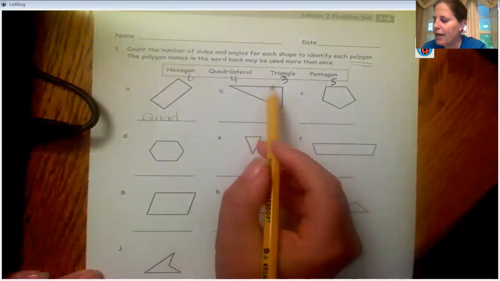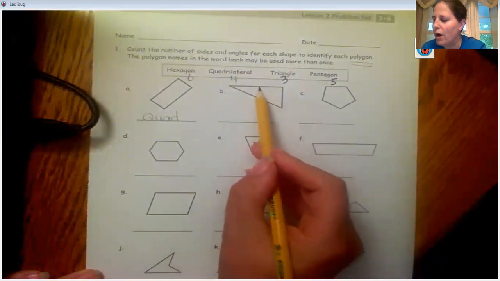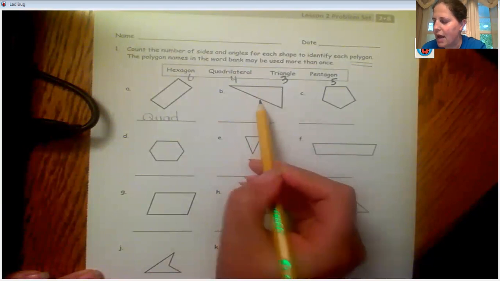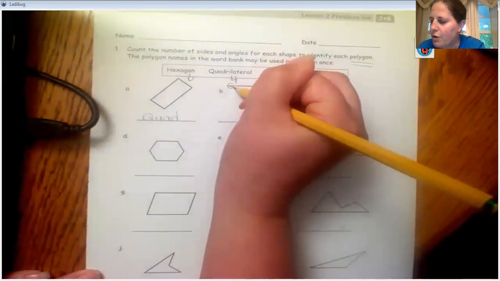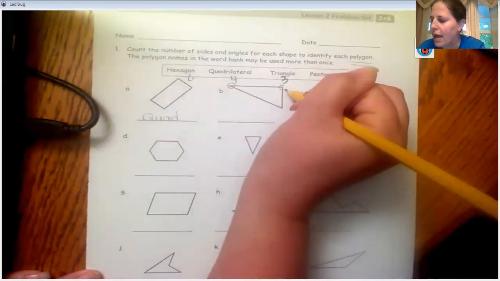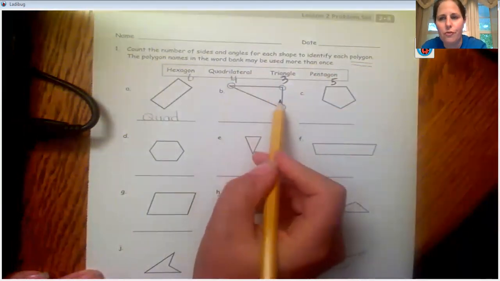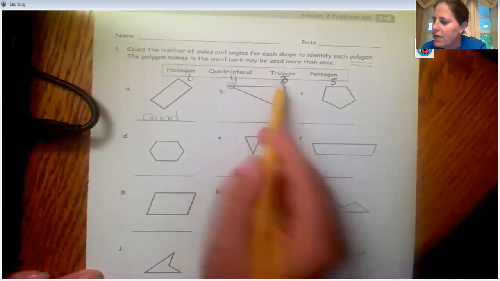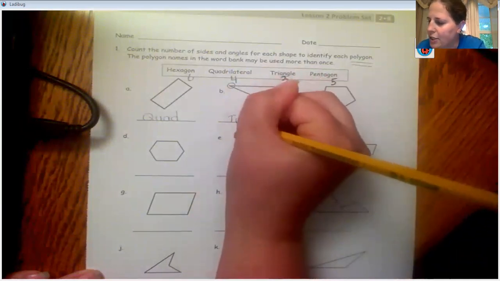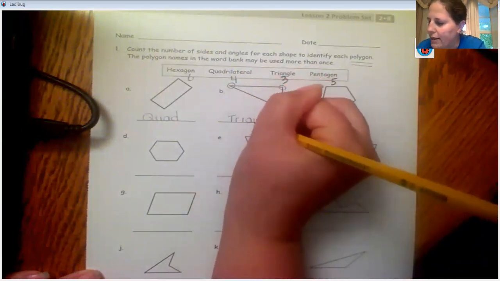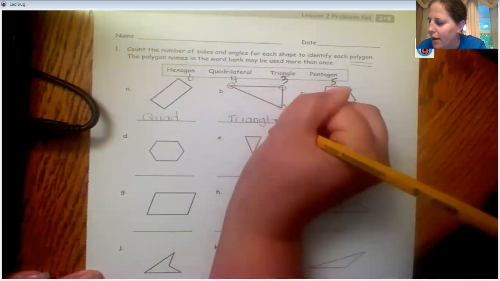Looking at letter B, I see 1, 2, 3 sides. If I wanted to, I could circle my angles just to make sure I have 1, 2, 3 of those as well. So I know that is a triangle. I'm going to write that on the line below.